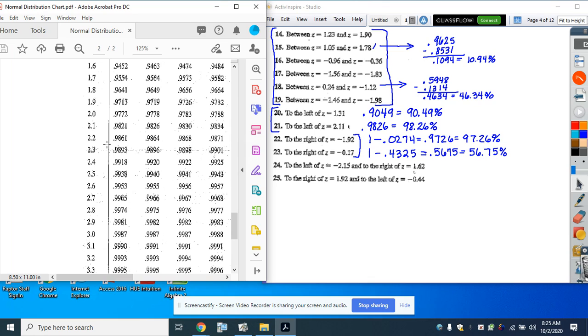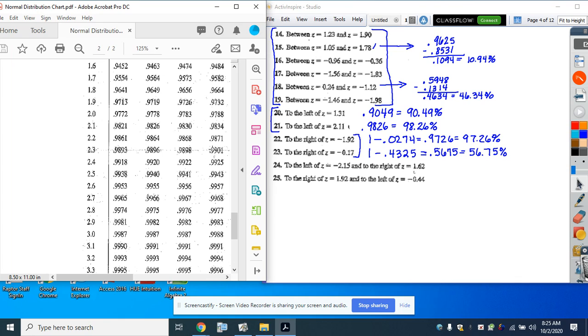This is 0. This one is a 1. So my answer is 0.9826. I think there are 2 on your homework that are from the left, so if you want to stop now and go do those 2, you're welcome to do that.